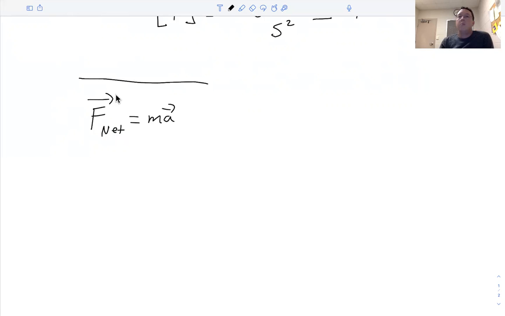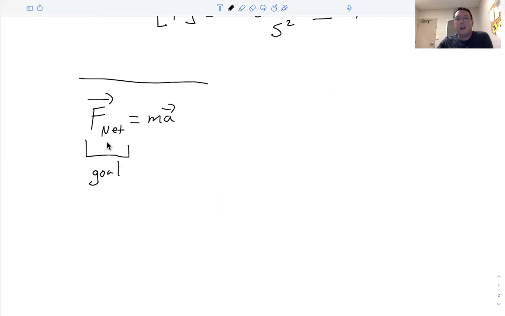So what we're going to do is come up with a process to help us systematically analyze situations. The goal is to come up with an expression for the net force. We're going to pretty much always go about this the same way, through the following steps.